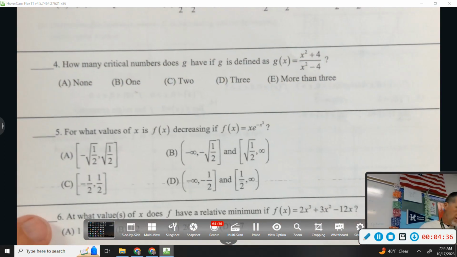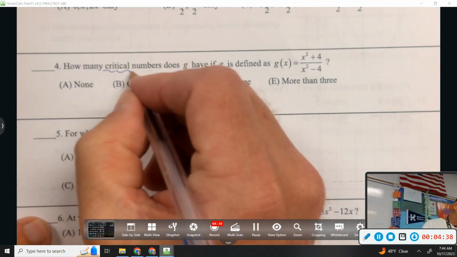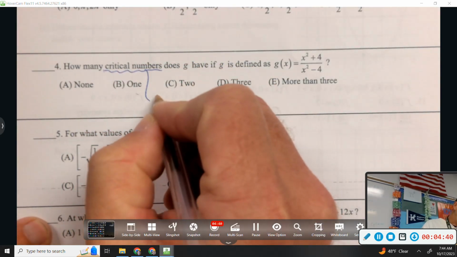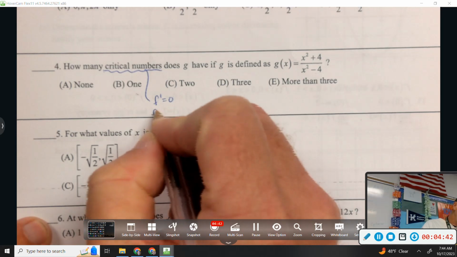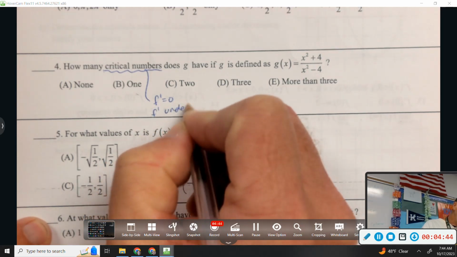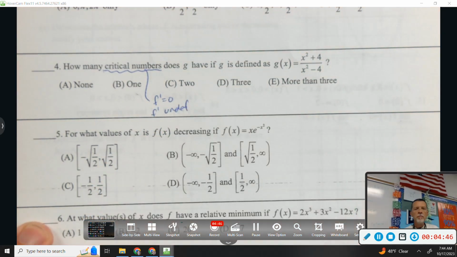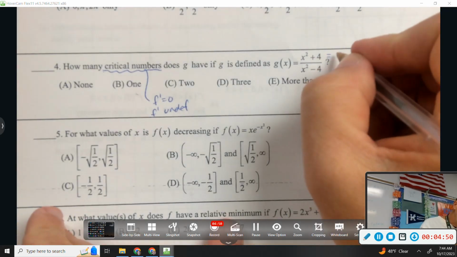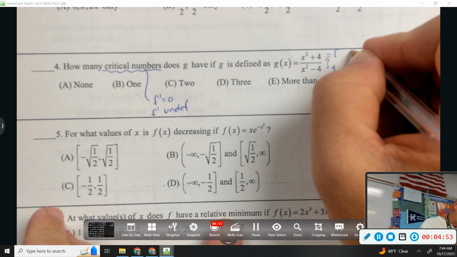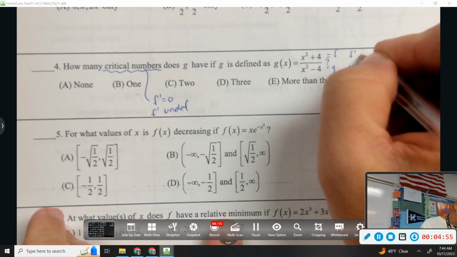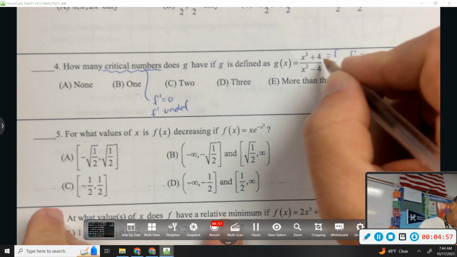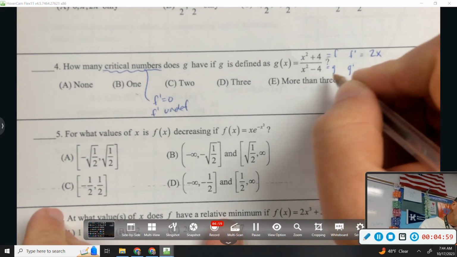Number 4. How many critical numbers, that would be where f prime equals 0 or f prime undefined, does G have if G is that big? Okay, well, this looks like quotient rule here. So derivative of the top is 2x.